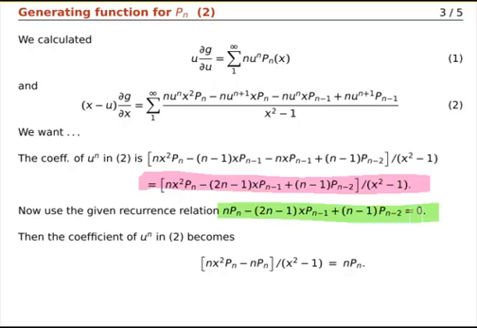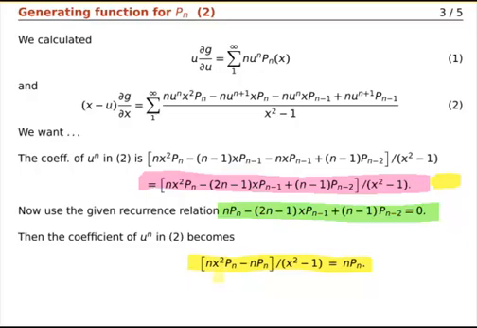We can think of this as expressing p_n minus 2 in terms of p_n and p_n minus 1. So we substitute that into this formula, and it turns out very nicely that as well as the p_n minus 2 disappearing, also the p_n minus 1's cancel out, and what we're left with is this. And look, this is lovely and simple.